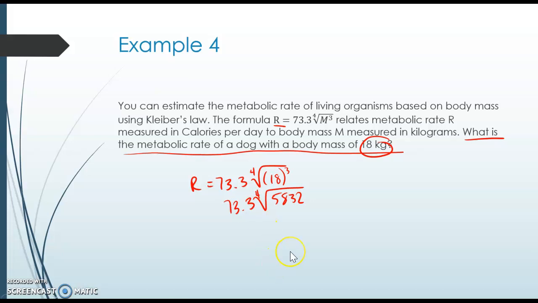All right, and the fourth root of that is approximately 8.739, so now we'll have 73.3 times 8.739, and then I'm going to take that answer times 73.3, and we get an answer of approximately 640.557.